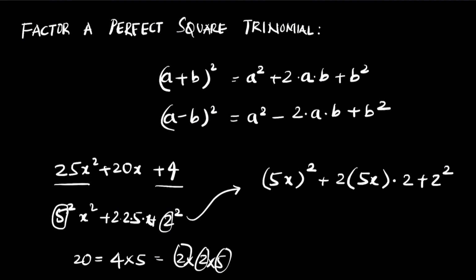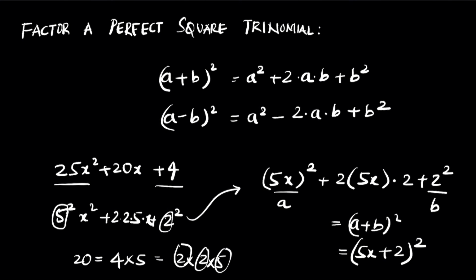This value is a and this value is b, so we can write it as a plus b whole square, the formula for a plus b whole square. Here a is 5x and b is 2. So you get 5x plus 2 whole square. That's your answer.